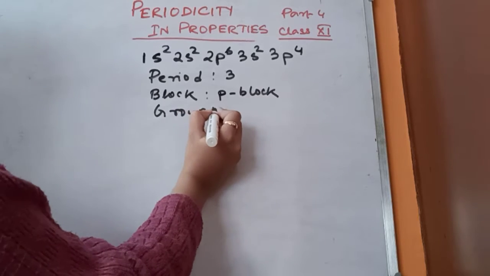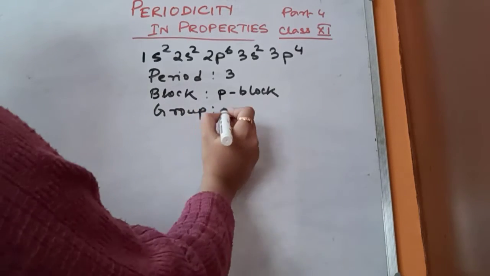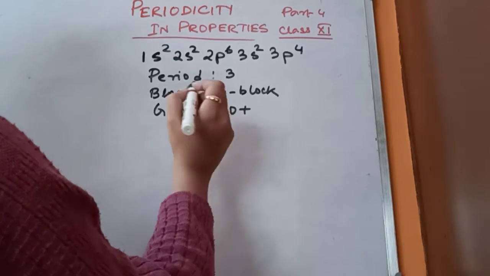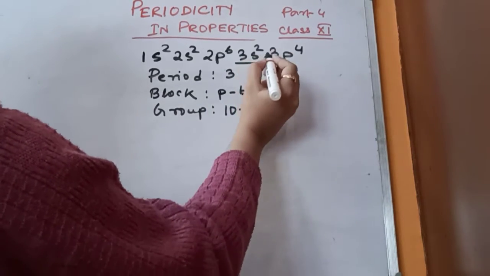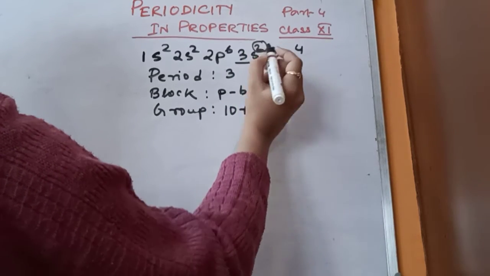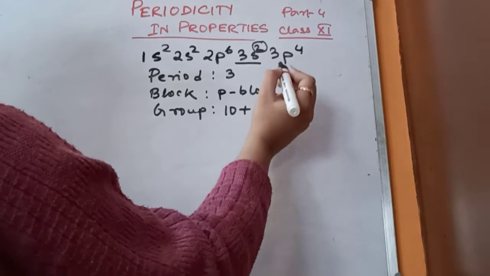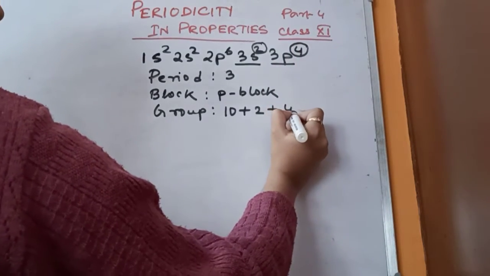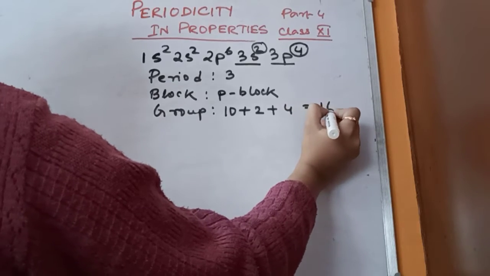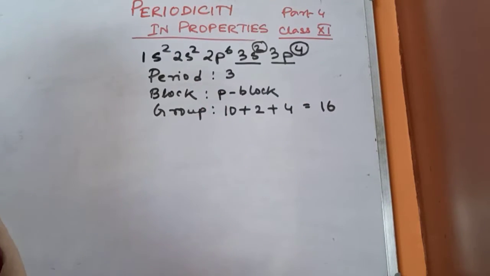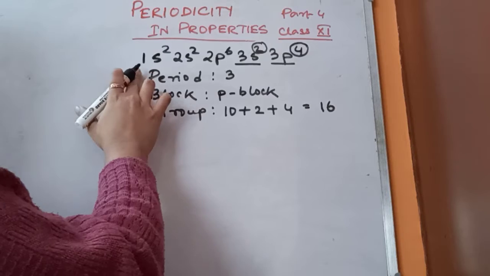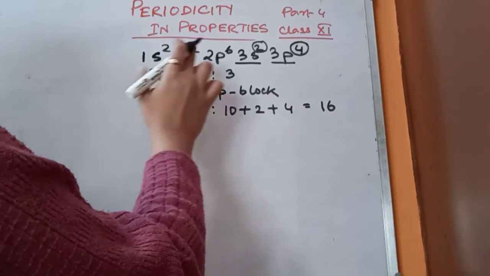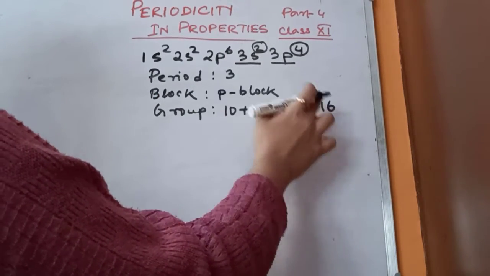Now for p block you have to find the group. It is 10 plus the number of ns electrons, which is 2, plus the number of np electrons, which is 4. So it will be group 16. So the element with this electronic configuration is placed in period 3 and group 16.